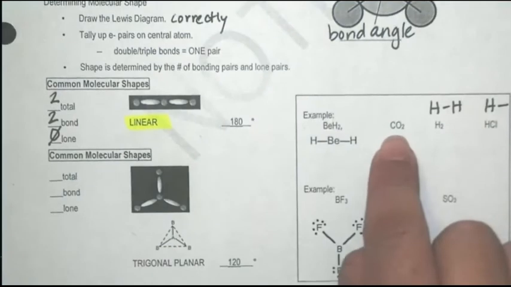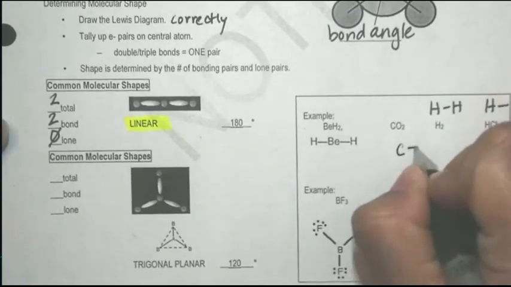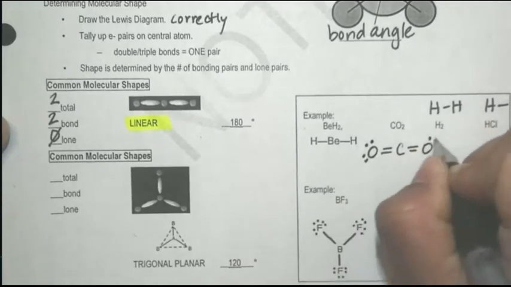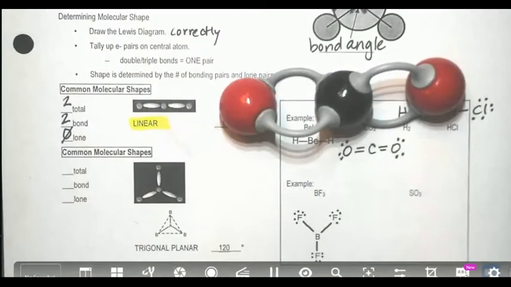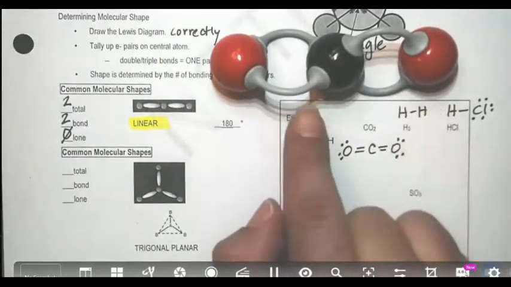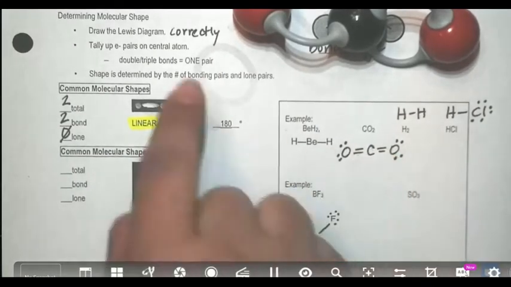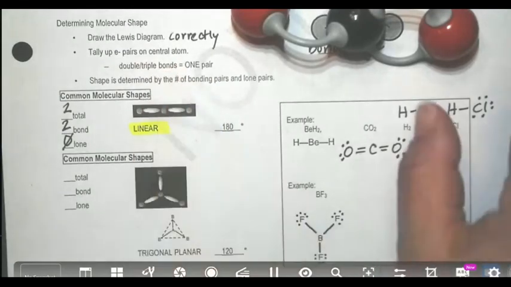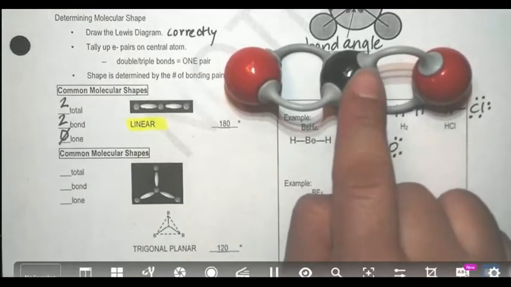I'm going to give you another example to look at here, CO2. Remember, CO2 is actually this structure. I like to show this one because I want you to recognize that we count a double bond as just one thing attached. Do you see here it says double and triple bonds count as just one thing attached? What we want to look at is the shape around the central atom.